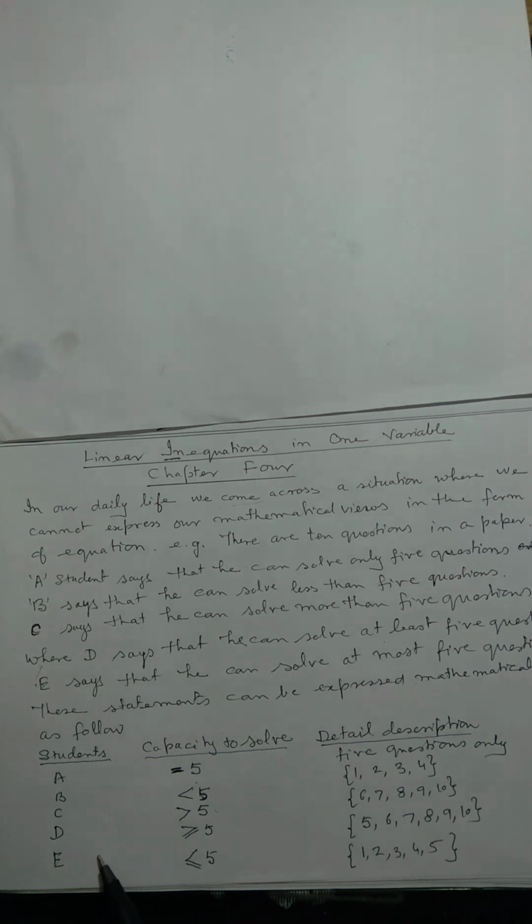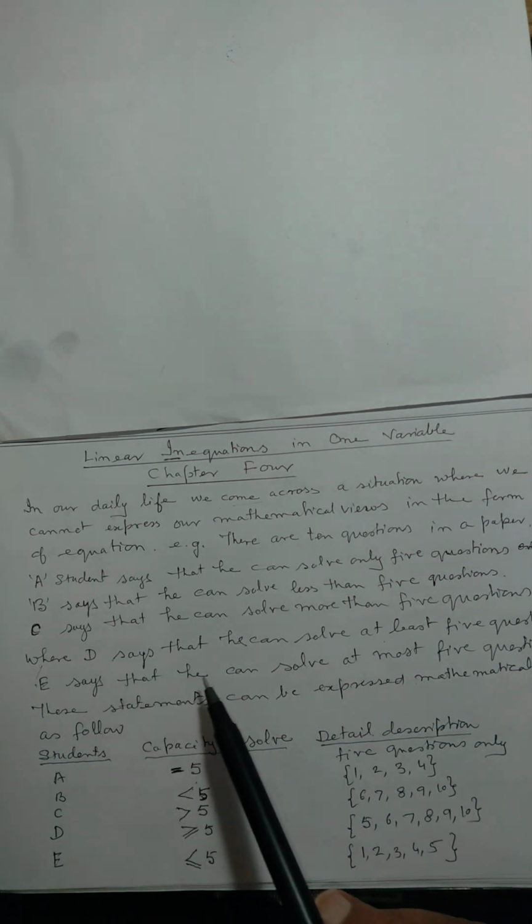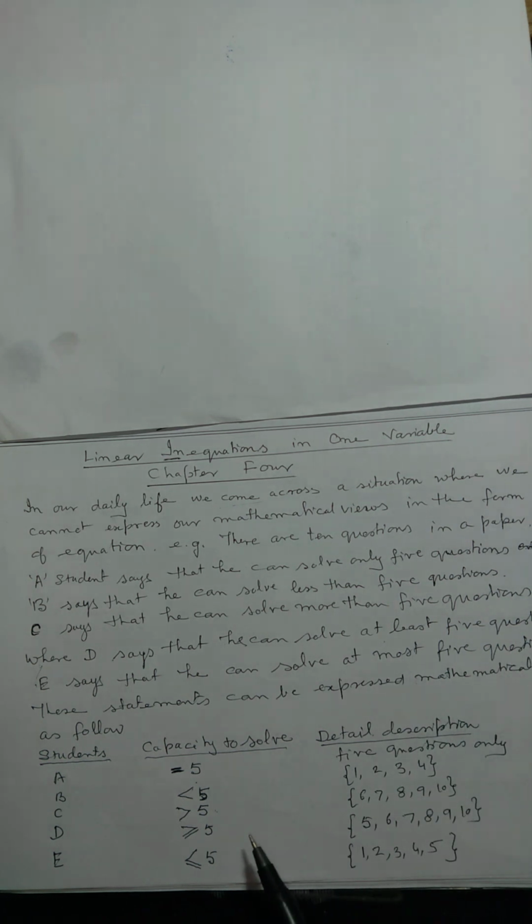Now D says that he can solve at least 5 questions. At least means he is confirmed that he will be able to solve 5, 6, 7, 8, 9, 10 questions.